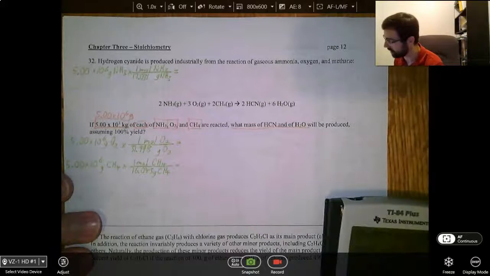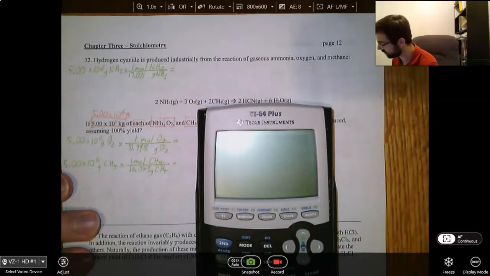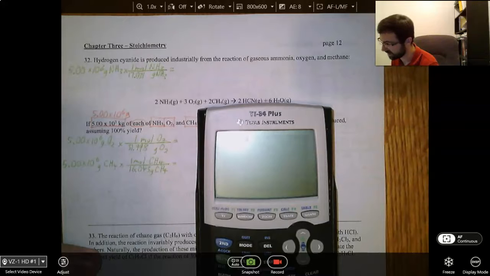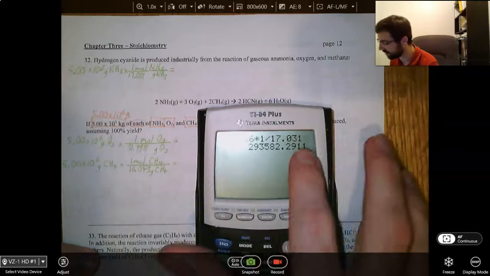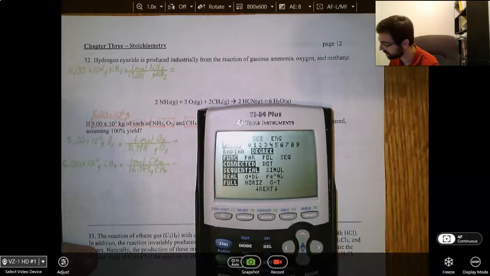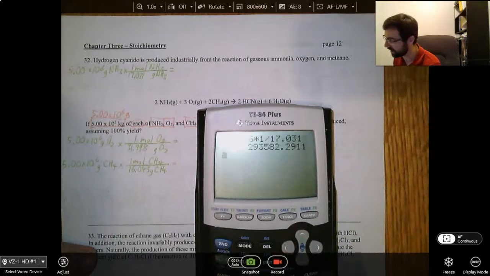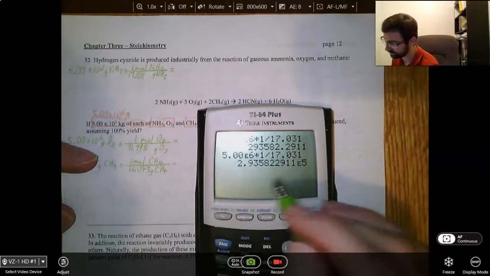And then we want to just put this in the calculator. 5.00 times 10 to the 6th times 1 over 17.031. I get this huge number, and I don't really want to write that all down, so I'm going to change it to scientific notation. All right, I get this times 10 to the 5th.